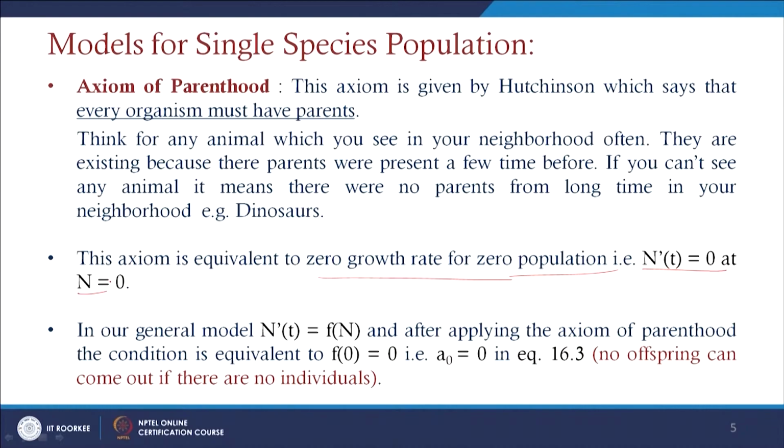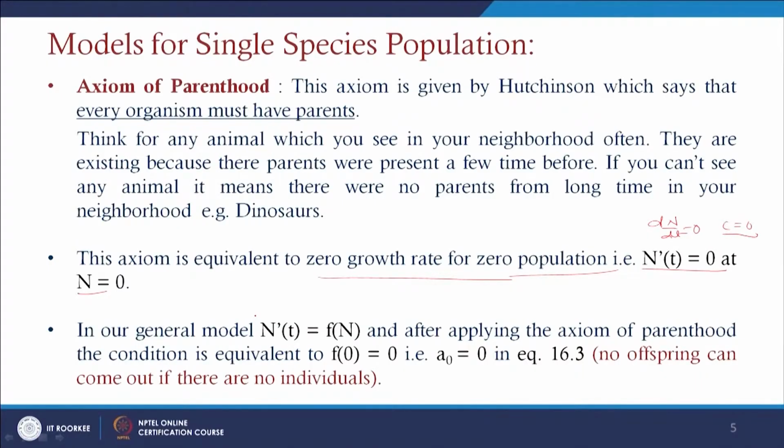Obviously, if you assume n equals 0, then dn by dt is 0. Otherwise, if you find the solution, whatever constant we get from n of t equals a constant, this constant is nothing but c equals 0. So, in the general model, suppose n'(t) equals f of n, after applying the axiom of parenthood, the condition is equivalent to f of 0 equals 0.